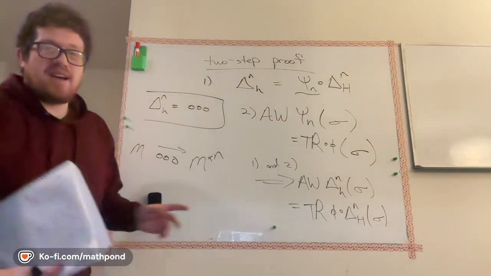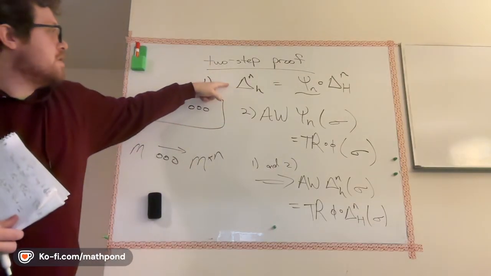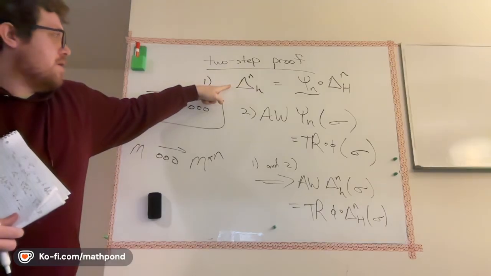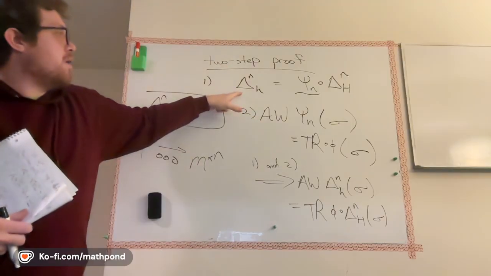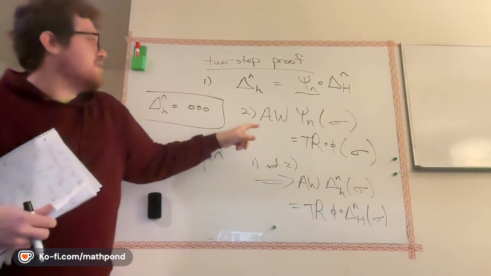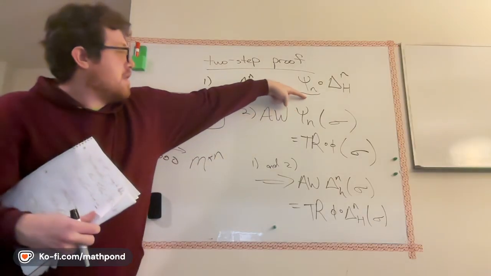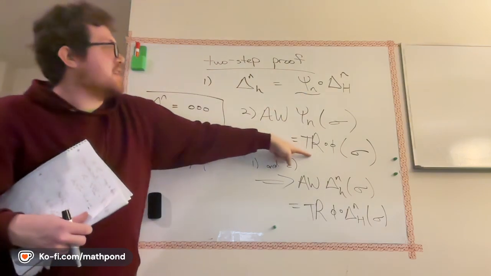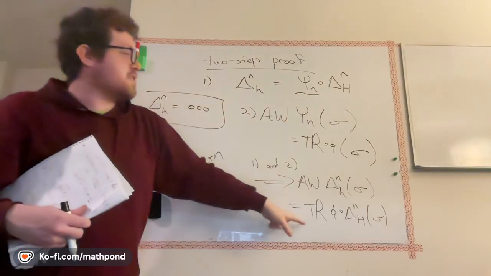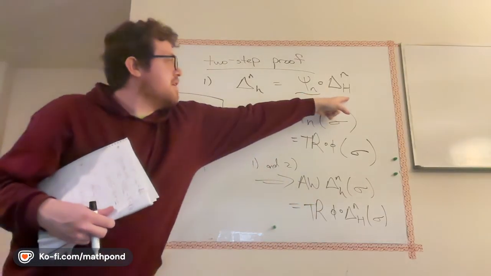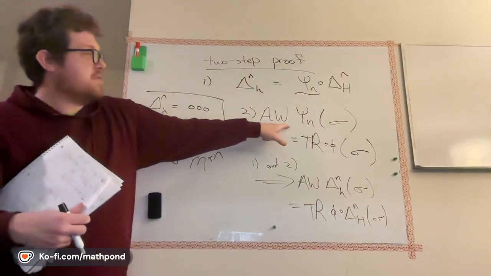And I think this is just straightforward from 1 and 2. 1 says this is equal to this, and then 2 says if I apply AW after this, then I just get the table reduction. So if I combine those two, it's just the table reduction of that. And that should be this.